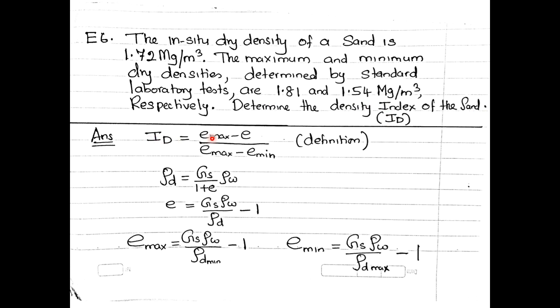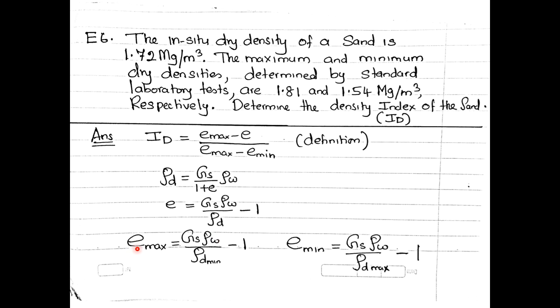ID is equal to E max minus E over E max minus E min. That is the definition. Rho D is equal to GS over 1 plus E into rho W. Check this equation, 14a, I think. Then making E the subject, E is equal to GS rho W over rho D minus 1.